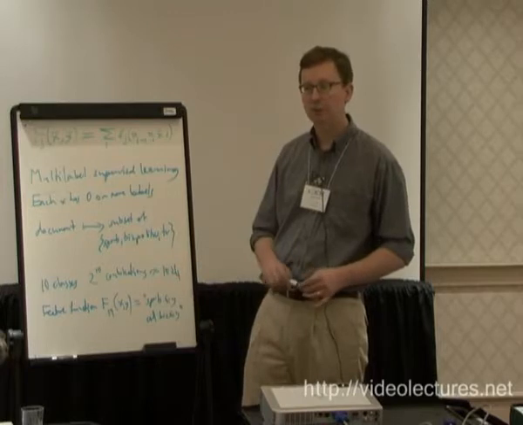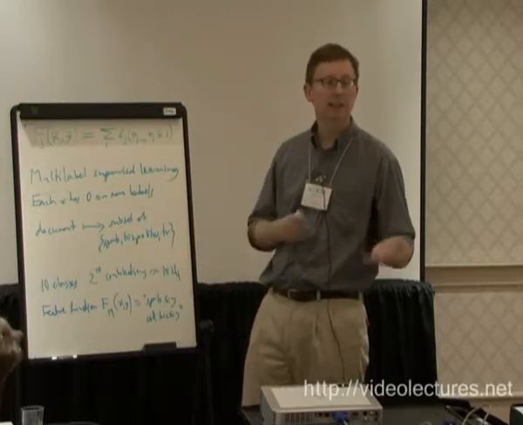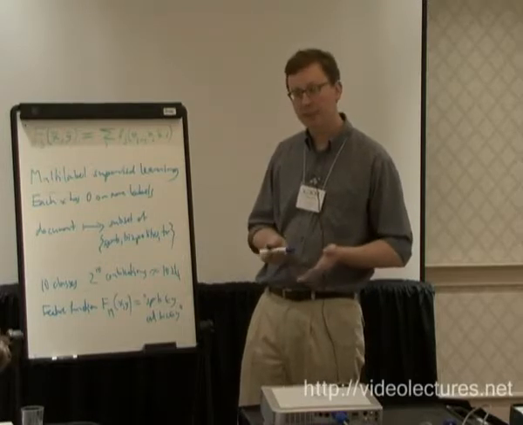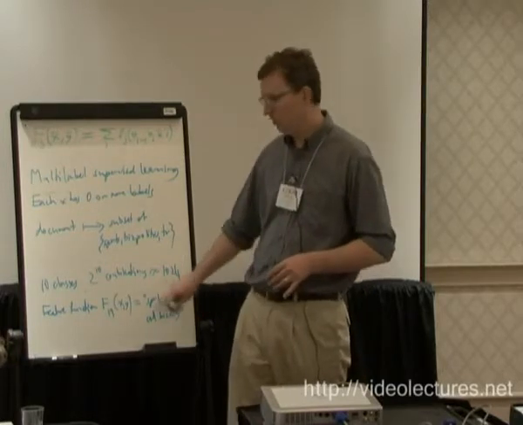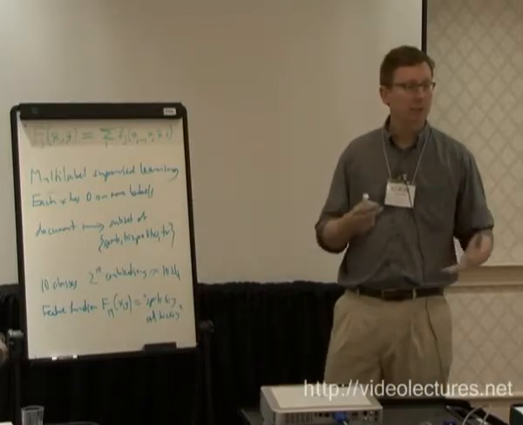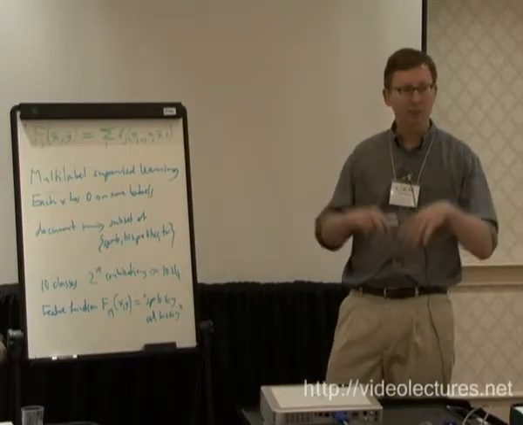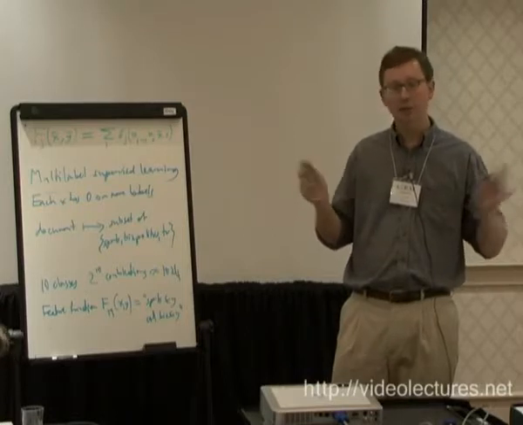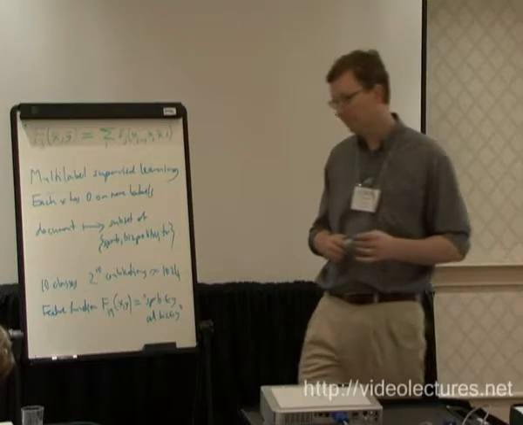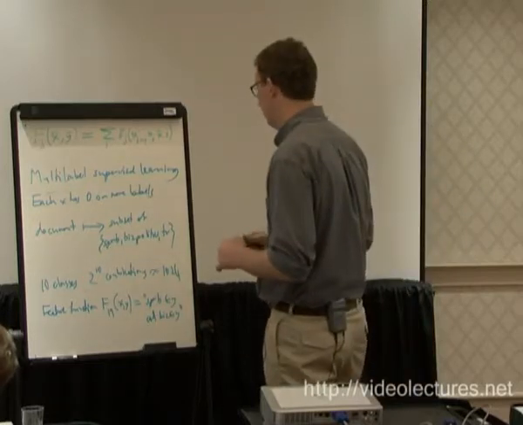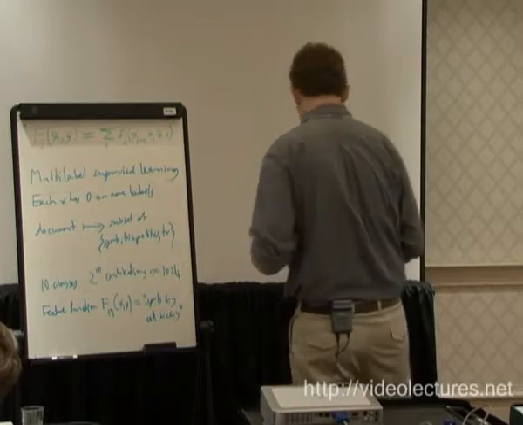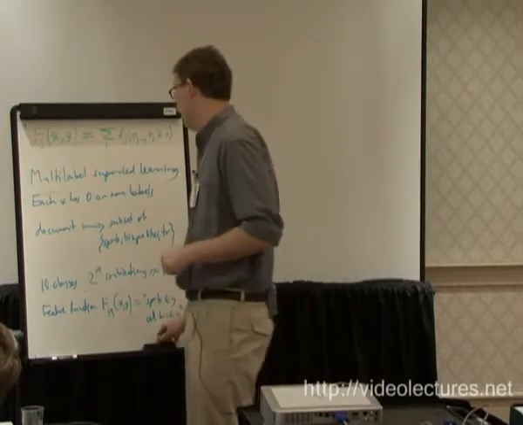Most feature functions will depend on the x and the y, and you'll be using them to learn some compatibility between x and y. But it's also useful just to learn an internal compatibility in the y. So is this y overall a likely y or an unlikely y? All right. So that was multi-label supervised learning.